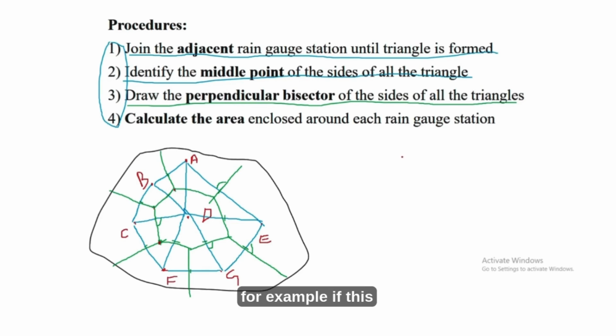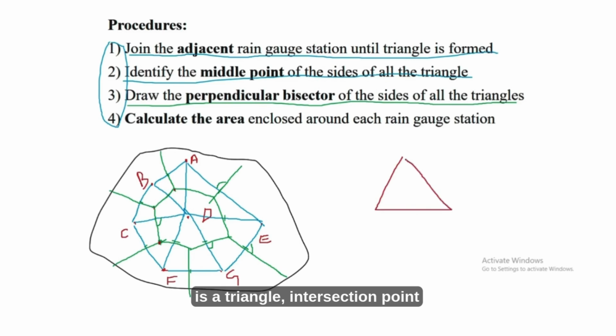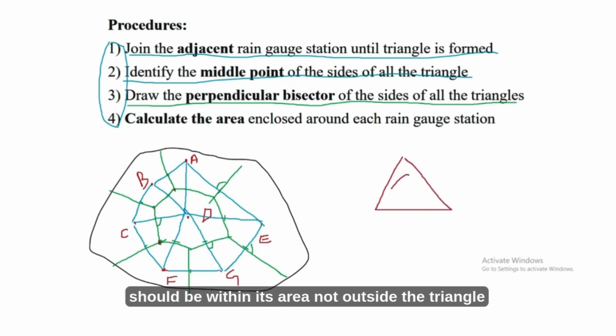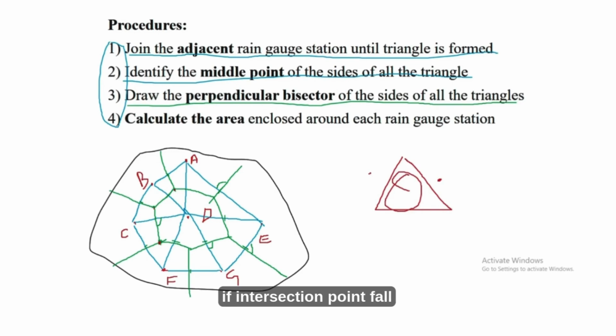For example, if this is a triangle, the intersection point should be within its area, not outside the triangle. If the intersection point falls outside the triangle, you can adjust the bisector angle.